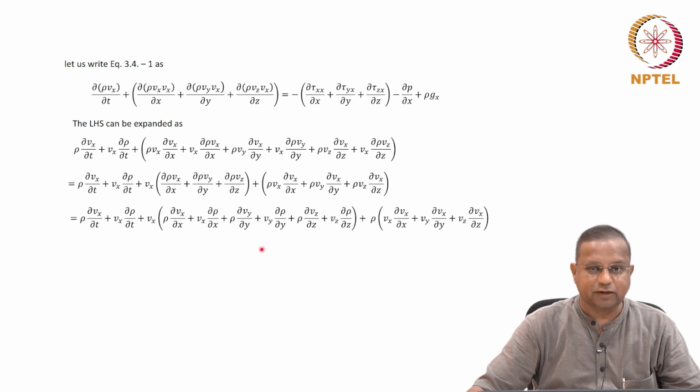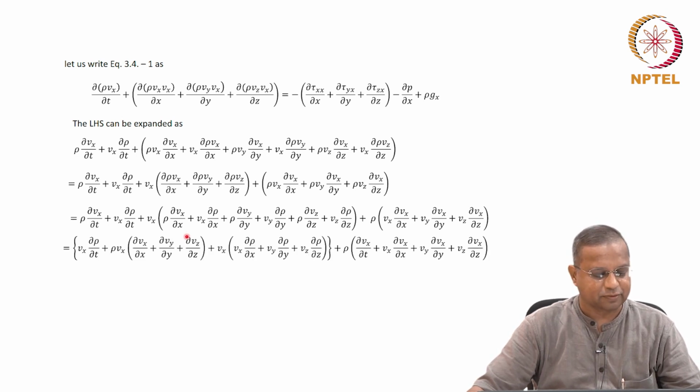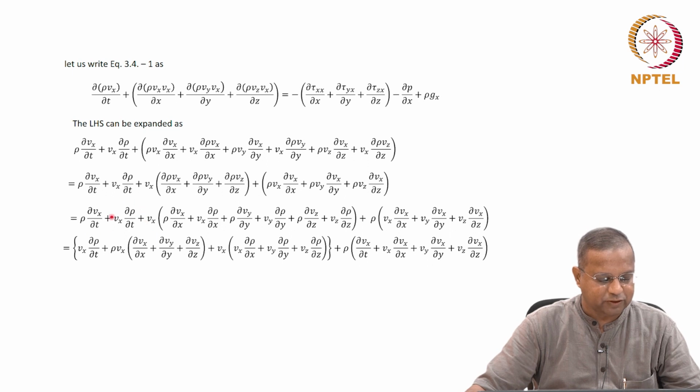Now let us combine this in a slightly different fashion to effect some simplifications. A lot of simplification happens. I'm just keeping Vx ∂ρ/∂t here and combining ρ ∂Vx/∂t along with this term. You see why I am doing this, because ∂Vx/∂t plus this is nothing but the substantial derivative.